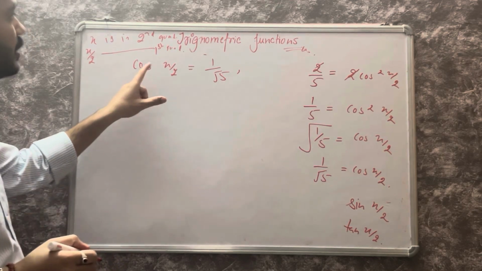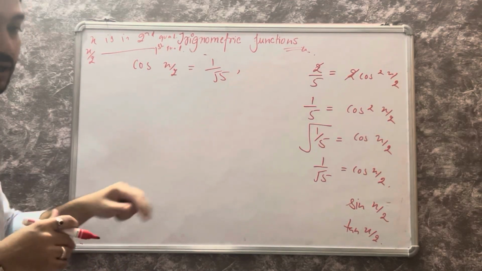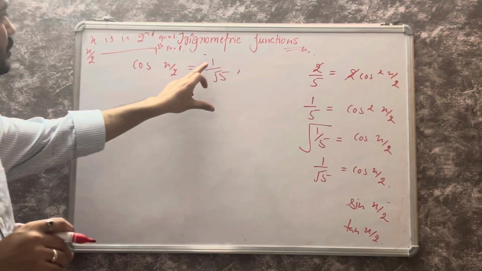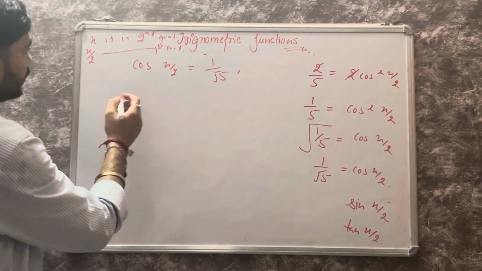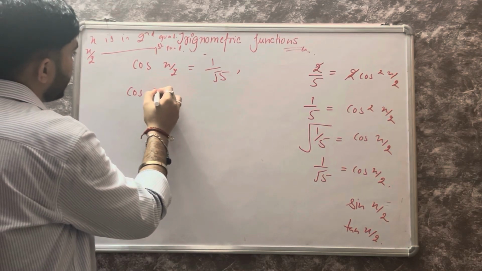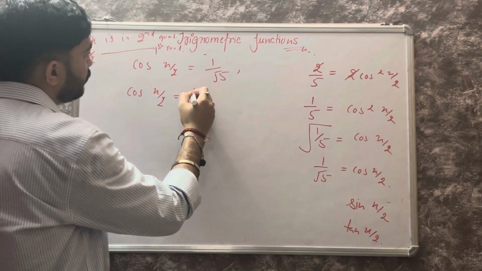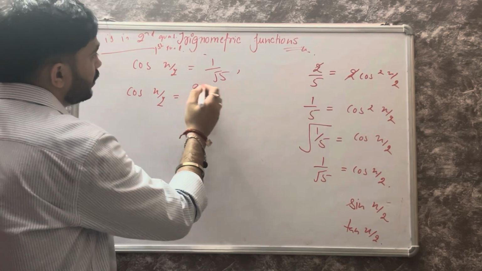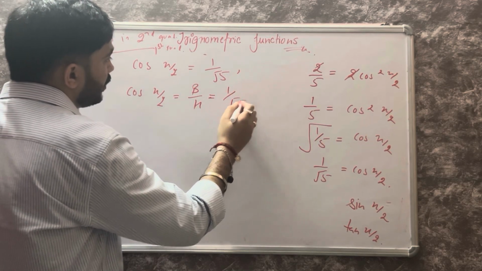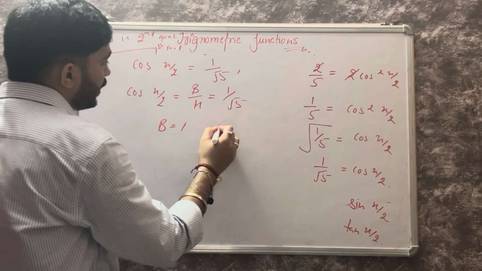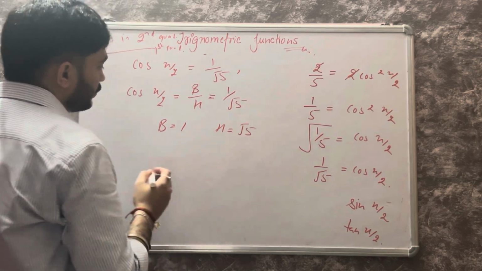So every value is going to be positive. So cos x by 2 is going to be 1 upon under root 5. Cos x by 2 is equal to base upon hypotenuse. Base value is 1 and hypotenuse will be under root 5.